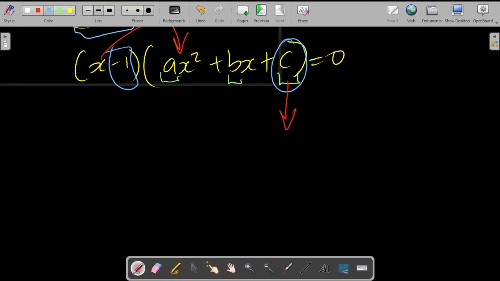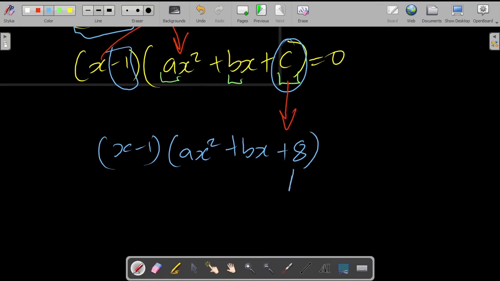So we can also write this as just this for now. So we already know what c is. It just has to be plus 8, right? Because if you multiply this plus 8 with that minus 1, as you expand all of this, you should get that minus 8, which is in the original formula.